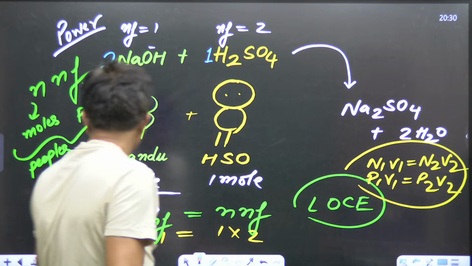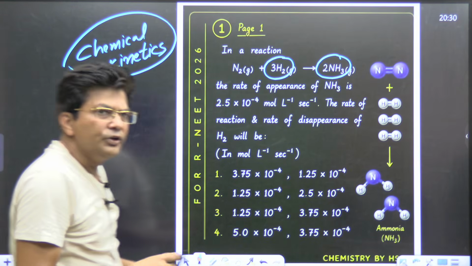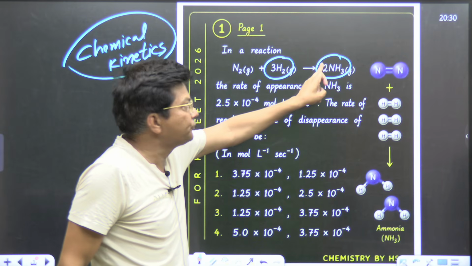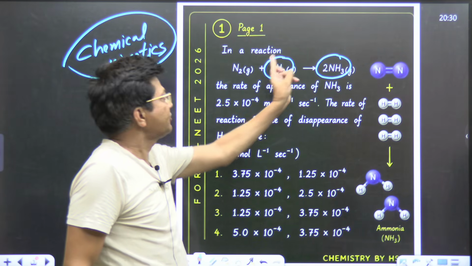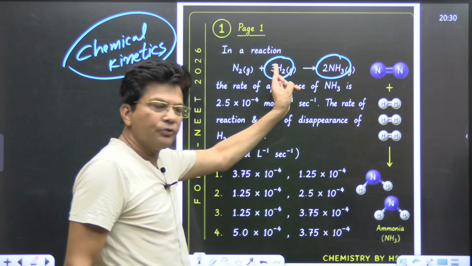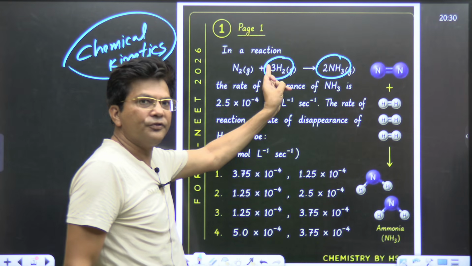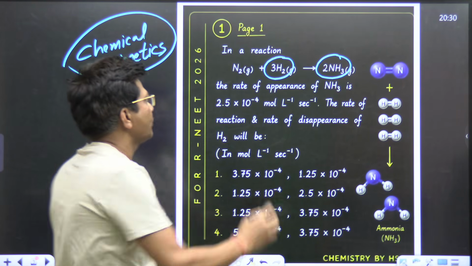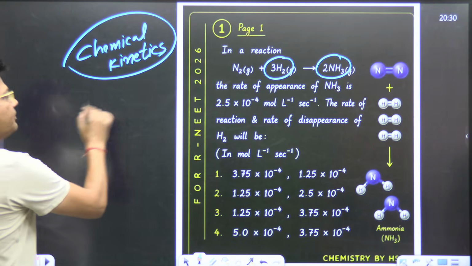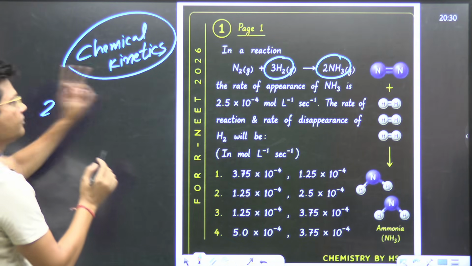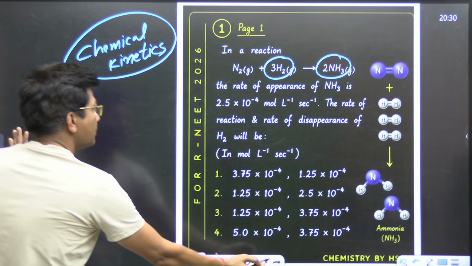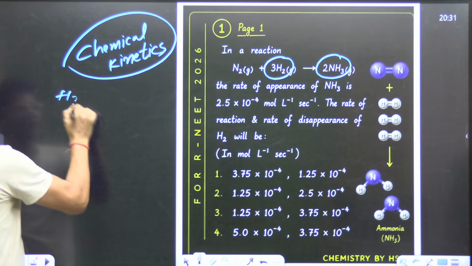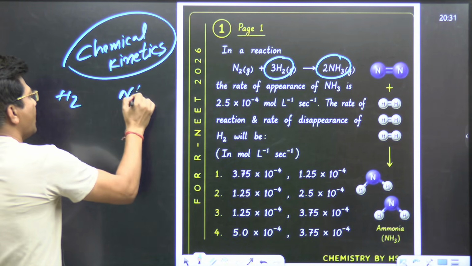Now see. If its stoichiometric coefficient is 2, its N factor will be 2, and if its stoichiometric coefficient is 3, that should be its N factor. So here is H2 and here is ammonia.